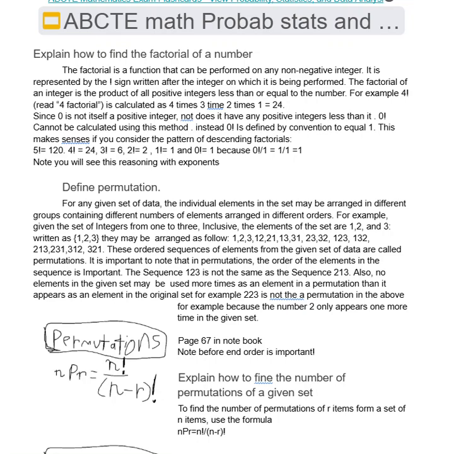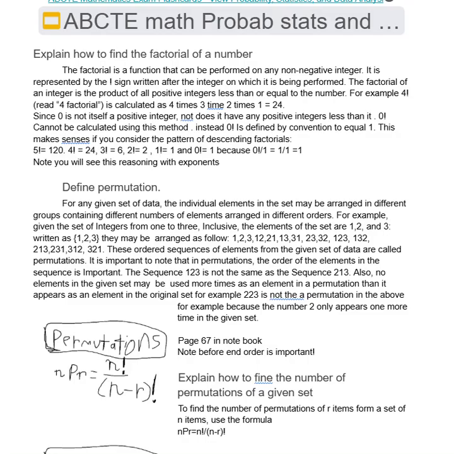This makes sense if you consider the pattern of descending factorials. 5 factorial equals 120. 4 factorial equals 24. 3 factorial equals 6. 2 factorial equals 2. 1 factorial equals 1.